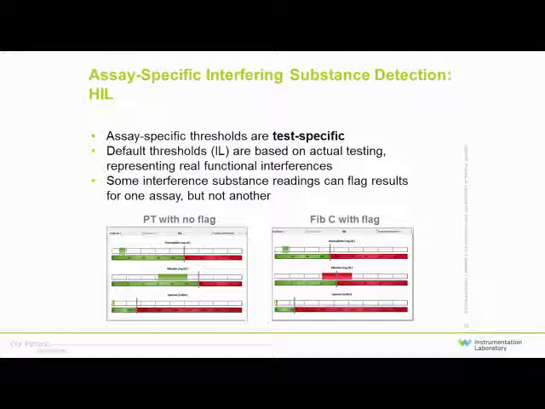So you see for PT for this particular sample, the level of bilirubin is here, but for PT, because the threshold is so high, you could use that value. However, for FibC, the value is in the same area, but the threshold is much lower, so it's an alert to you that for FibC, the bilirubin is too high for the sample.